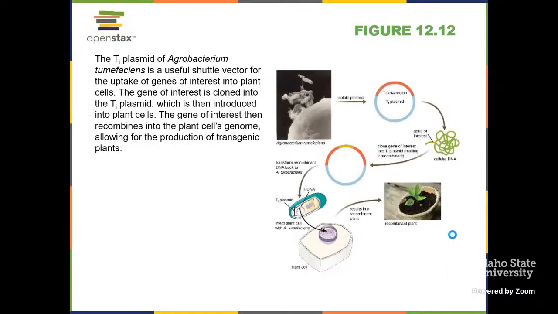Another way that we think about manipulating plants is with a bacterium. And in this instance, before we think about it doing the manipulating stuff, this bacteria by itself is bad news, all right?